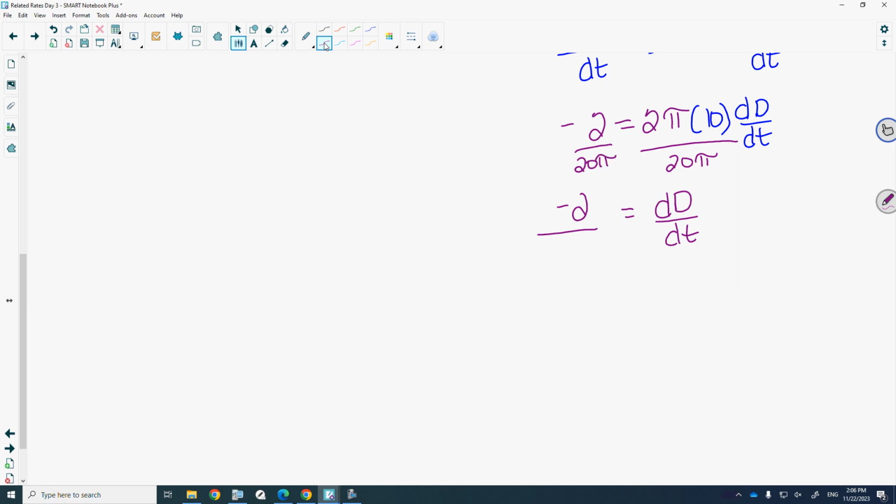And then 2 goes into 2 once, 2 goes into 20 10 times. So the rate at which the diameter is changing with respect to time, it's going down, the diameter is decreasing at a rate of negative 1 over 10 pi. And what would my units be? Diameter is centimeters per minute.